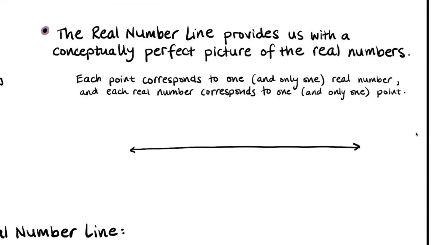The reason why the real number line is great is because each point on it corresponds to one real number, and vice versa. So each real number can be thought of as a point on the real number line. I think I messed that up, but I think you know what I mean. So we have to tell everyone where we are, looking on the number line.